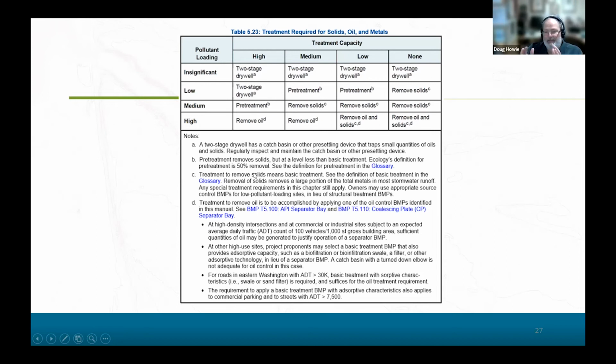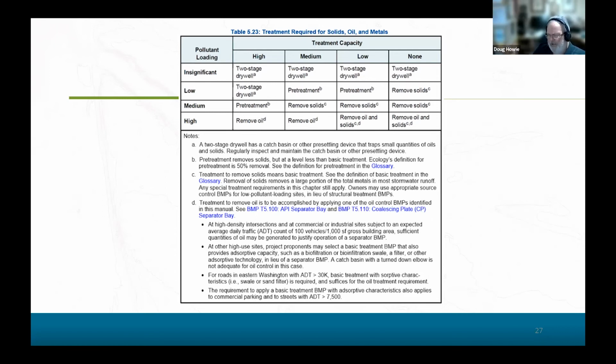At the same time, I want to enhance and push the point that you determine treatment in two different ways, whether you're following the UIC rule or you're following the permit. There are two distinct processes.